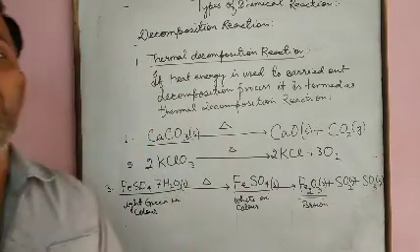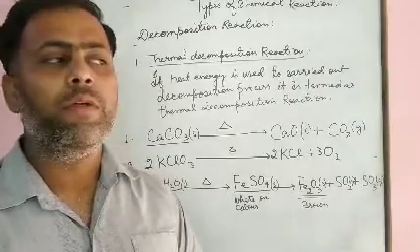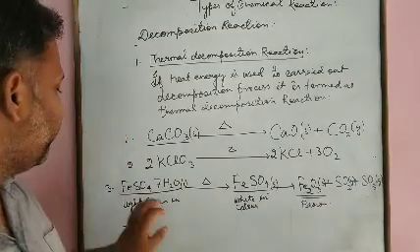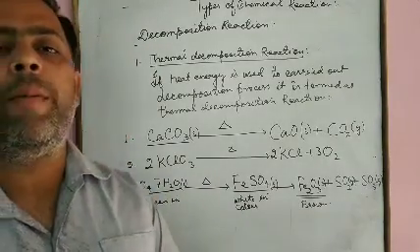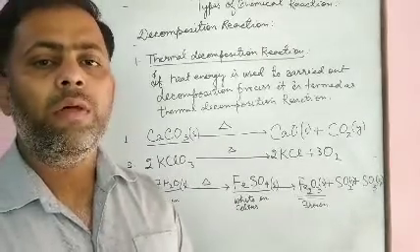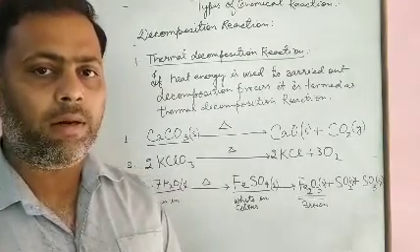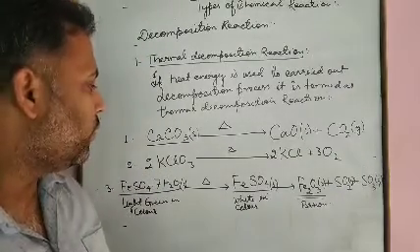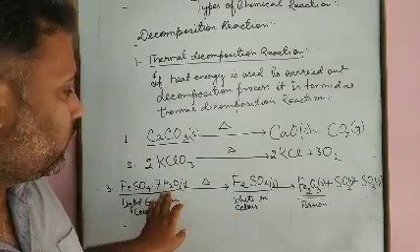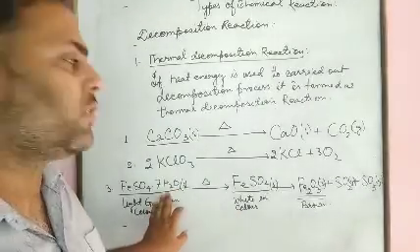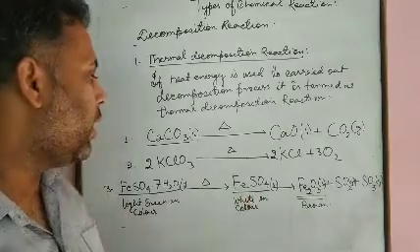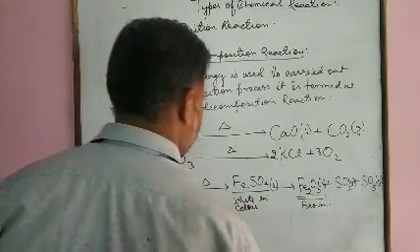It means what we see here: when ferrous sulfate heptahydrate, which is light green in color, is heated, first of all some water of crystallization is removed and it becomes anhydrous ferrous sulfate.